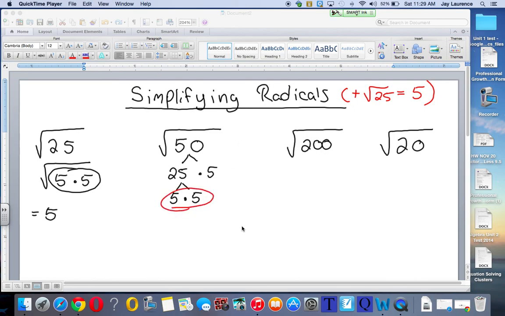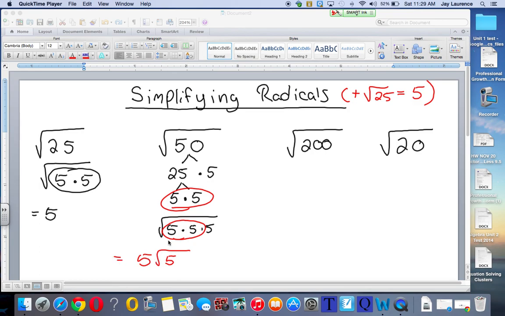So let me rewrite this so it looks a little more organized so you don't get confused. All right, so I've got 5 times 5 times 2. Okay, and I'm going to send these 2 out on one date. But this 2 doesn't have a date. He's stuck at home watching TV. There you go. Okay, you see how I'm doing that?